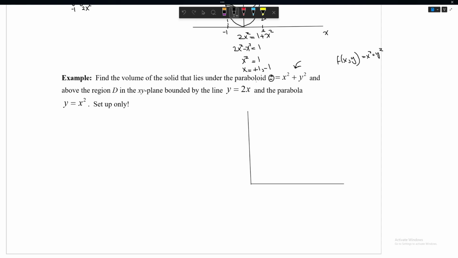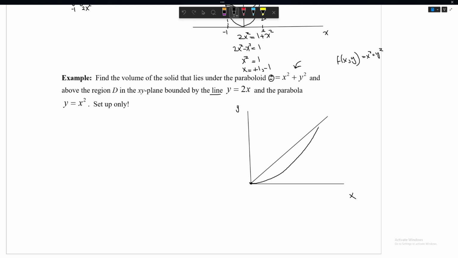And this function equals x squared plus y squared. Okay? And now what they're saying is we have a line y = 2x and the parabola y = x squared. If we set both x and y to 0, we know they will meet at 0. And it does say one is a line, and the other is the parabola.